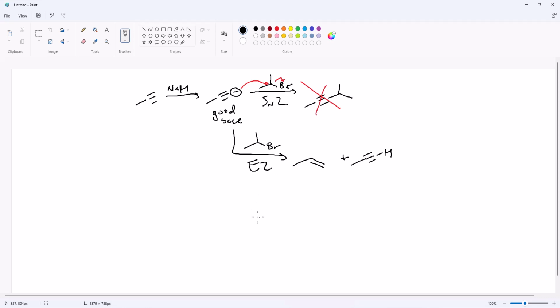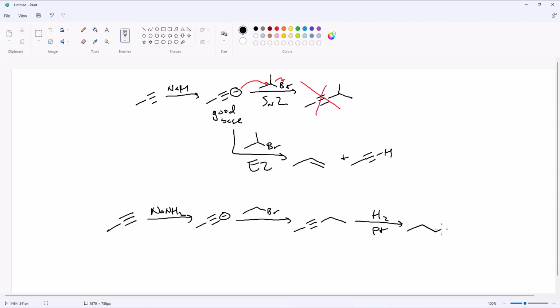One of the benefits of this is we can use this to extend chains. So say we wanted to take this alkyne and add NaNH2, and we get the alkylidine. Then we say we add it to the same alkyl bromide we saw before. So we end up with this product here. So this is 1, 2, 3, 4, 5. This is 2-pentyne. And then we could do something like H2 on platinum and reduce it to pentane, 1, 2, 3, 4, 5.